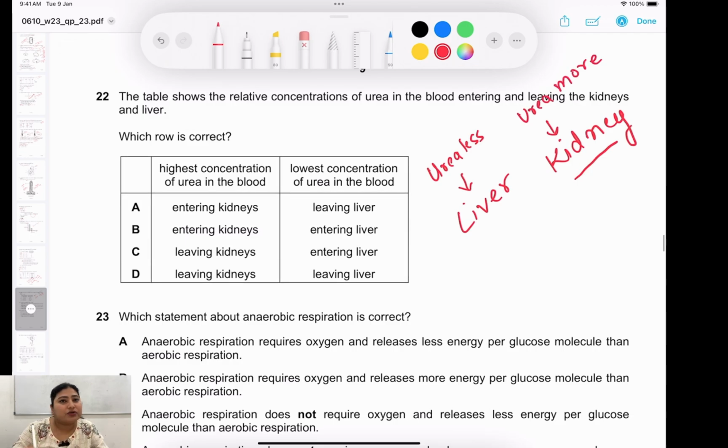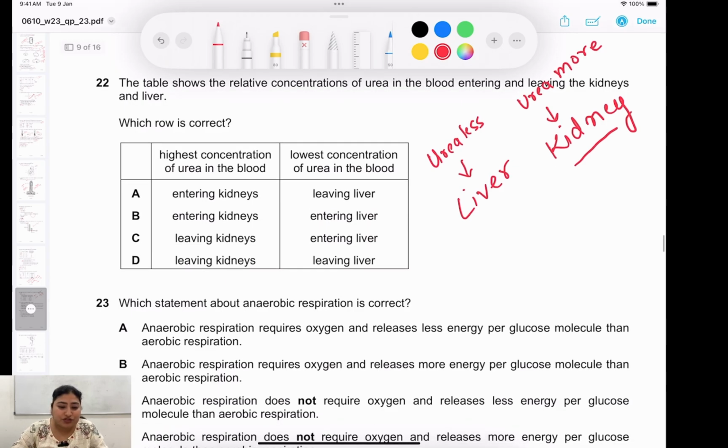Based on this knowledge, we are going to answer this question. So which row is correct? Highest concentration of urea in the blood entering the kidneys. Okay, fine. So this is one option and this is one option. Now we have to sort out between A and B. And lowest concentration of urea in the blood when it is entering the liver. So based on this, the correct option is B.